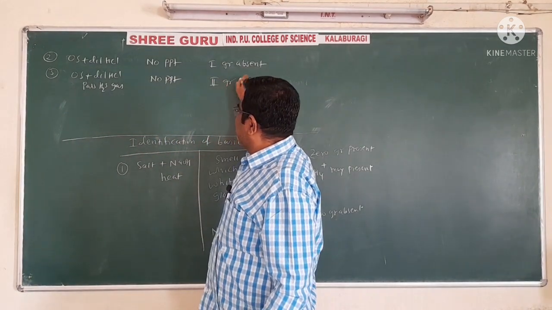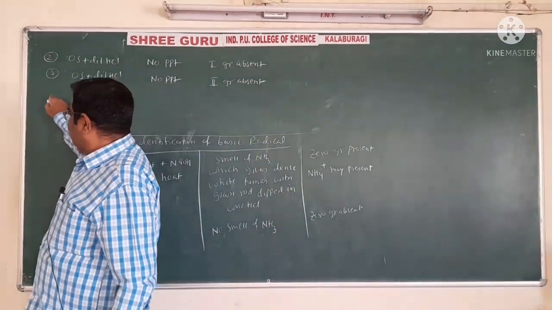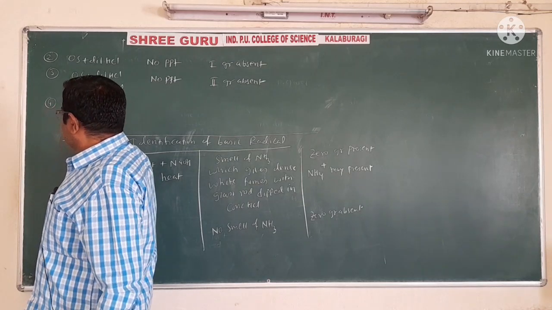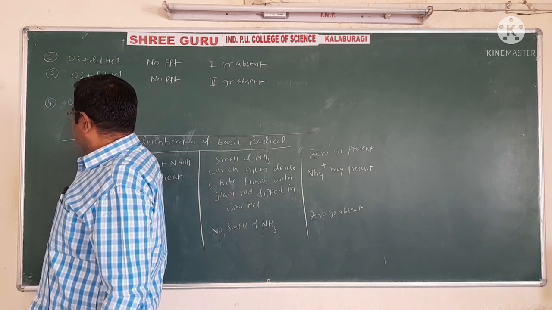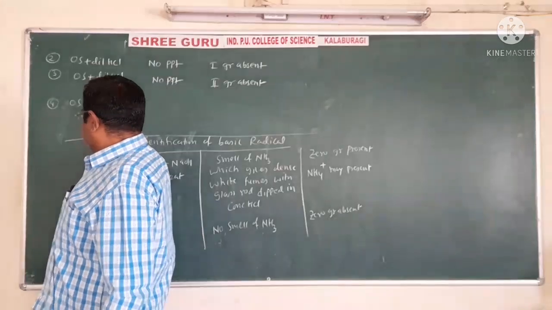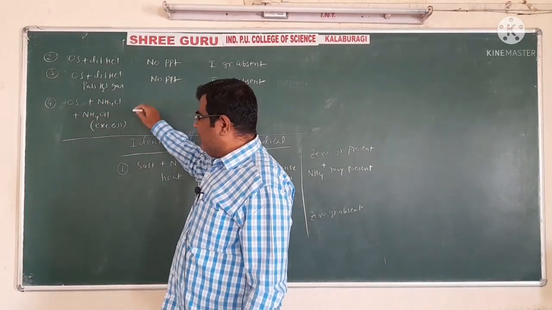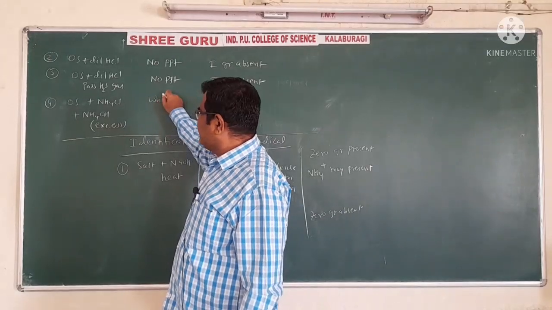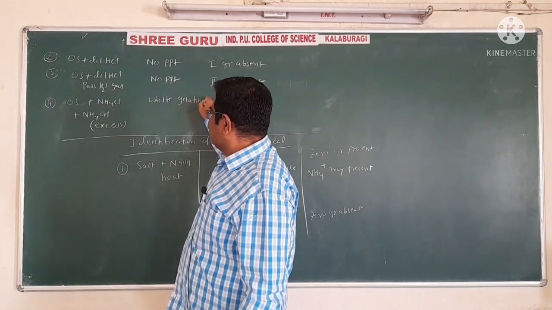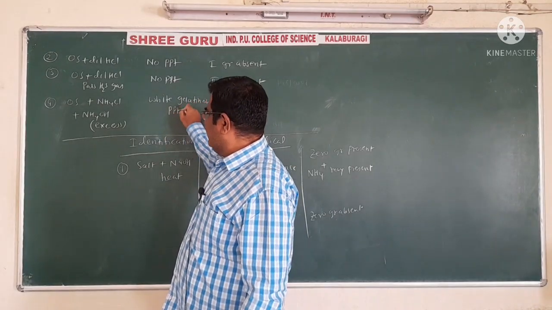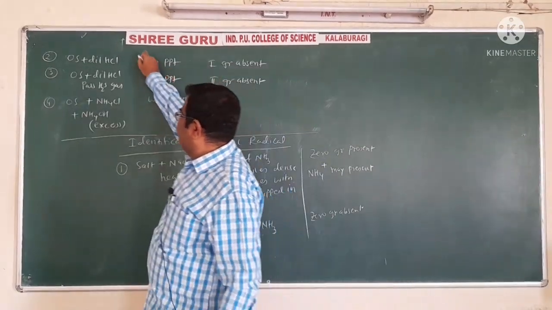We have to write second group absent, and in the fourth one we have to write original solution plus ammonium chloride plus ammonium hydroxide in excess. If we add this and get a white gelatinous, gel-like precipitate, remember how to write the inference here.